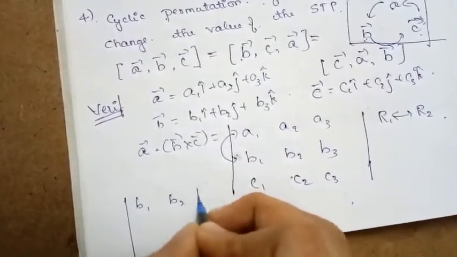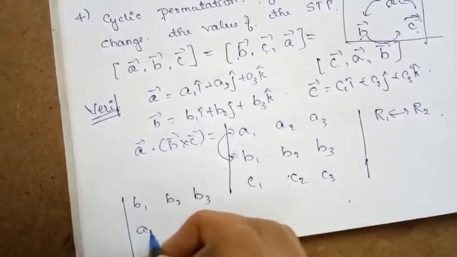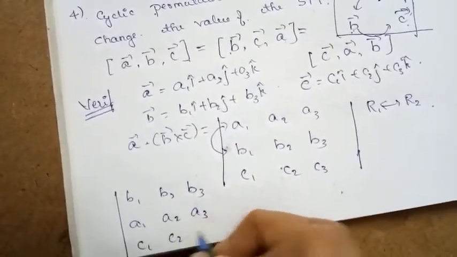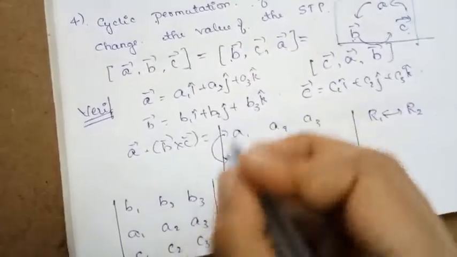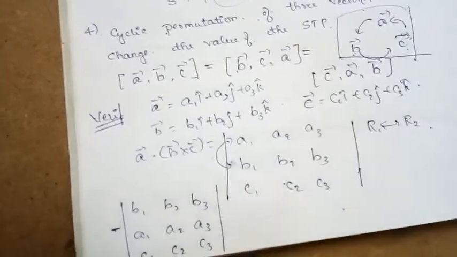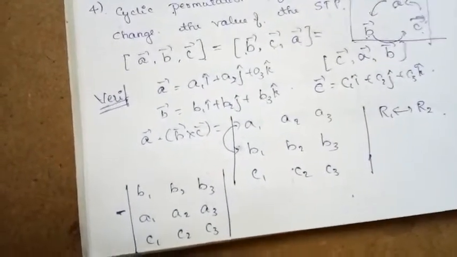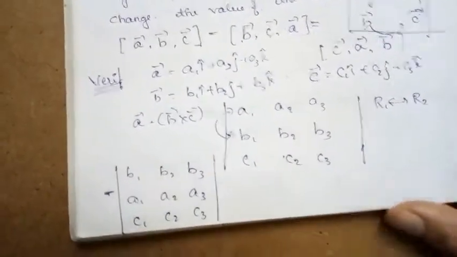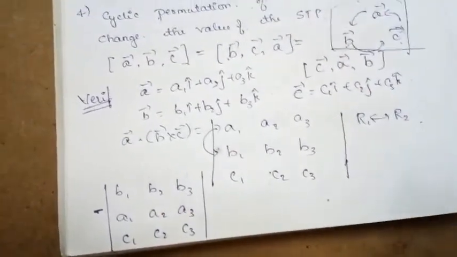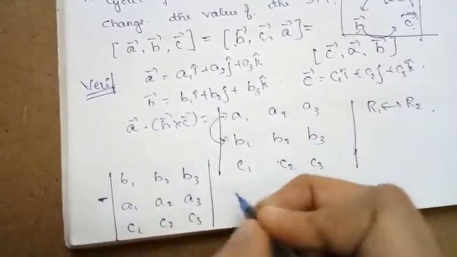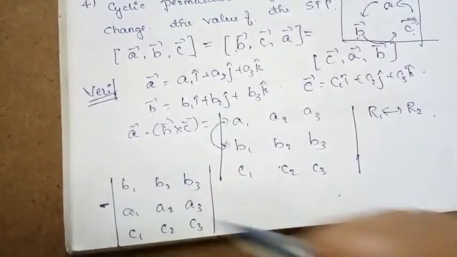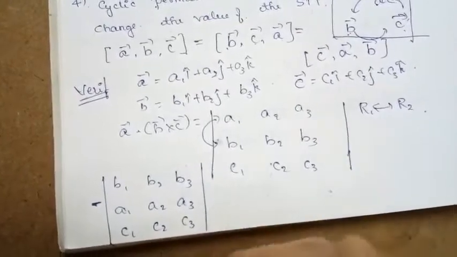B1, B2, B3, A1, A2, A3, C1, C2, C3. So upon interchanging any two rows, the sign of the determinant is going to be changed. This is what we studied while studying the properties of a determinant. If you didn't get it, go to that concept, glance at it, and then come back to this one. So by interchanging any two rows, the sign of the determinant changes.